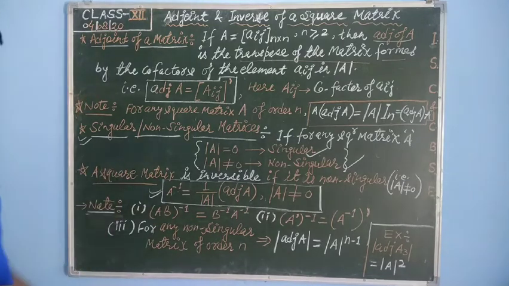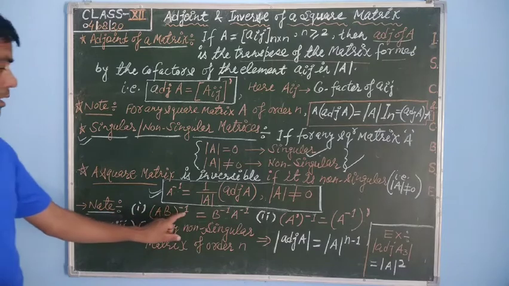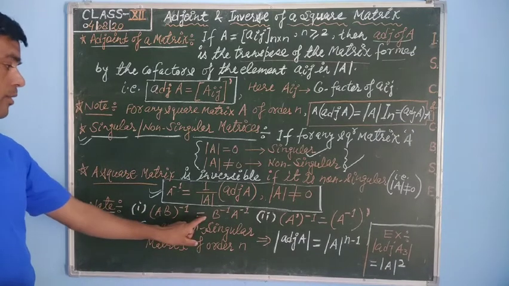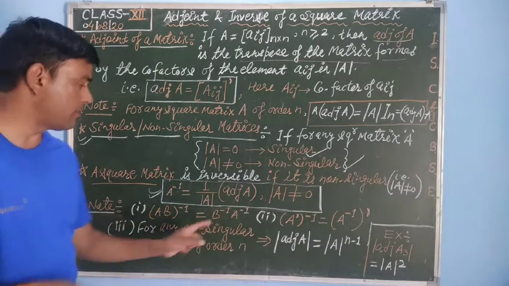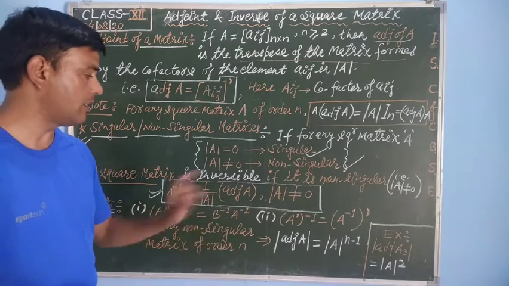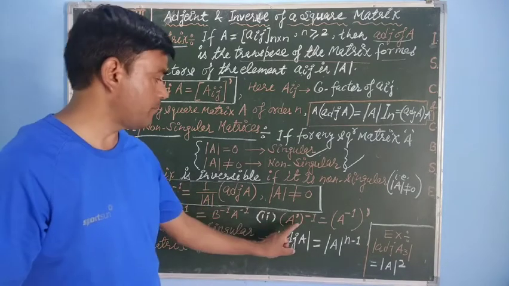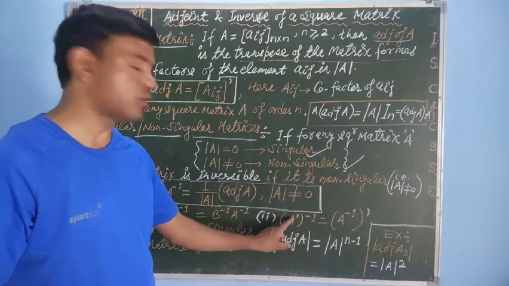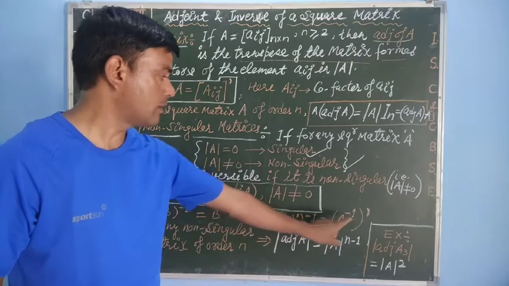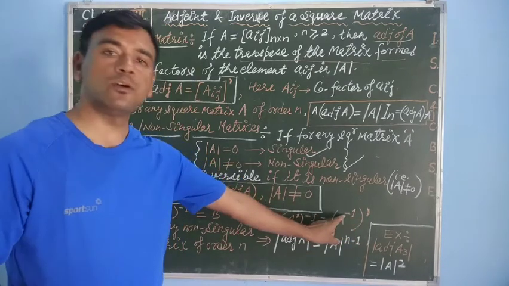Then some properties of invertible matrices are given. If the inverse of AB is given, then the formula for this is, the order will be reversed: B inverse multiplied by A inverse. The second property is that the inverse of the transpose of any matrix is equal to the transpose of the inverse of that matrix.